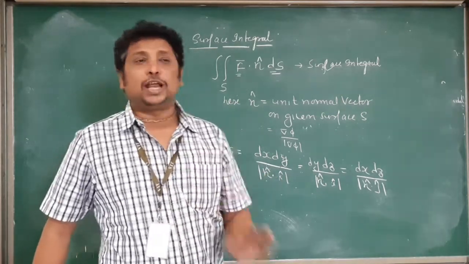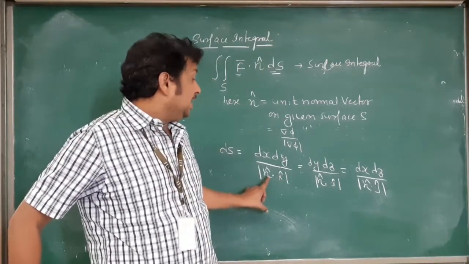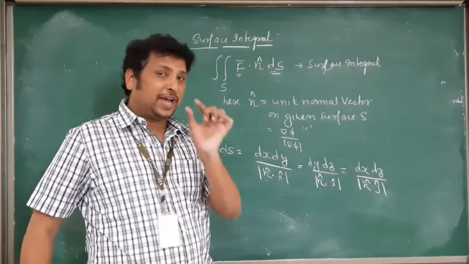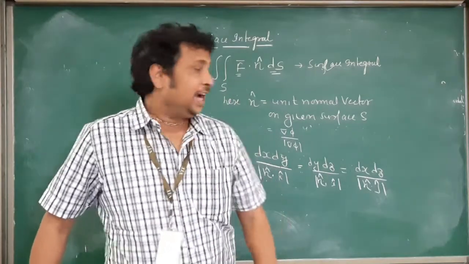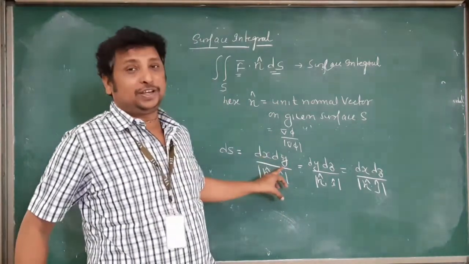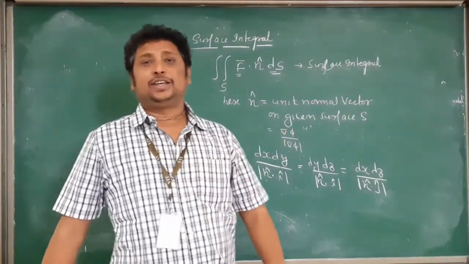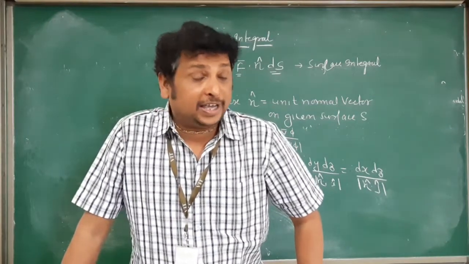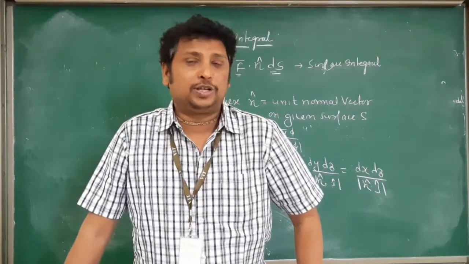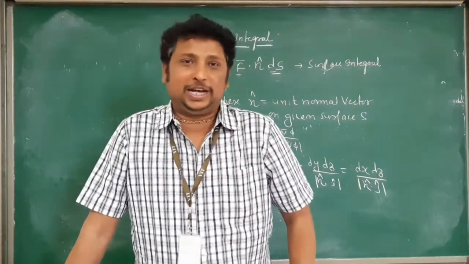N cap you already calculated, so n cap dot k will come as some value. If it comes in terms of z, and we have taken the xy plane, then the z value we have to calculate from the given surface S in terms of x and y and put it in. So everything is now in terms of x and y, and calculate the double integral.